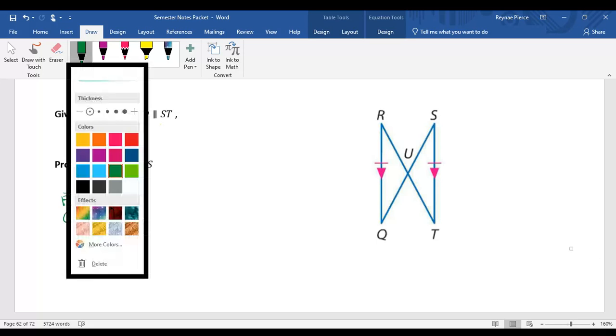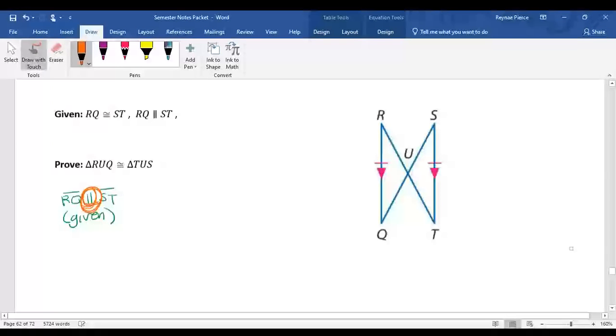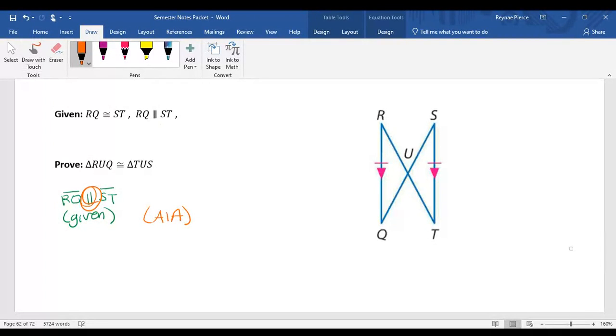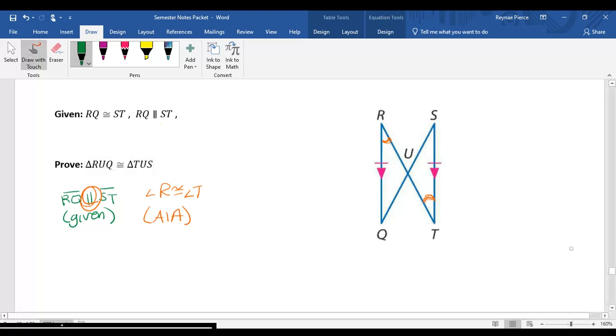And remember, when we see parallel, we want to think alternate interior angles. All right. So we can look at either pair, but we're going to look at angle R congruent to angle T. Okay, that's one pair of alternate interior angles. All right, but we also have given information RQ is congruent to ST.